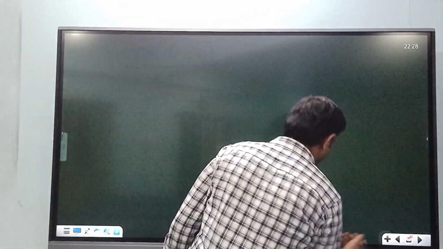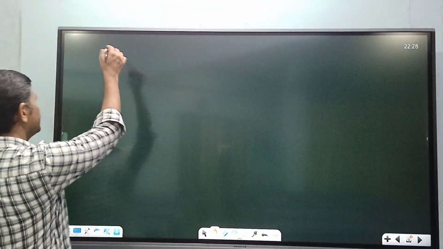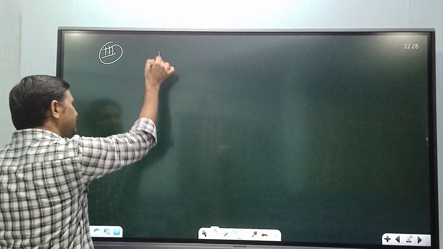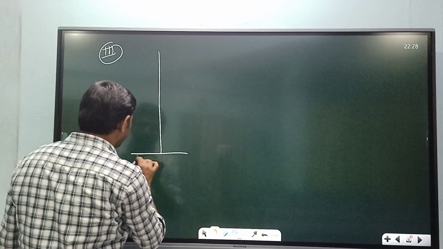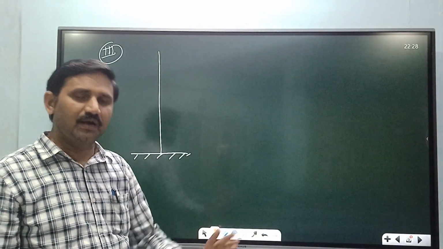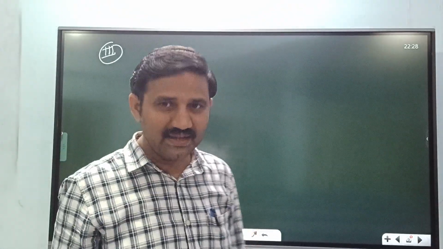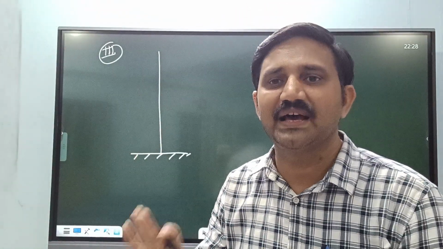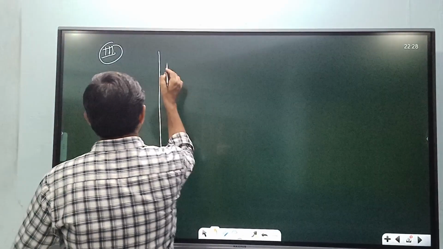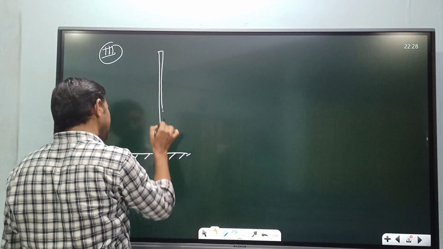Next, one more case. This is the third case. In this third case, this body is not a freely falling body. Initially some velocity is given to the body. Suppose this is a tower of height h.